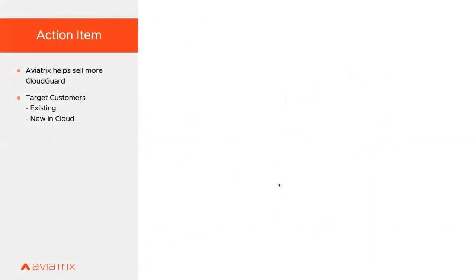Okay, so what about next? What we are here for is to help you. That's the main idea. Together with Aviatrix, CheckPoint, and Vandis, all we need to do is help our customers. A lot of customers have deployed CheckPoint on-prem. A lot of customers are new to the cloud. So we want to help all those customers.